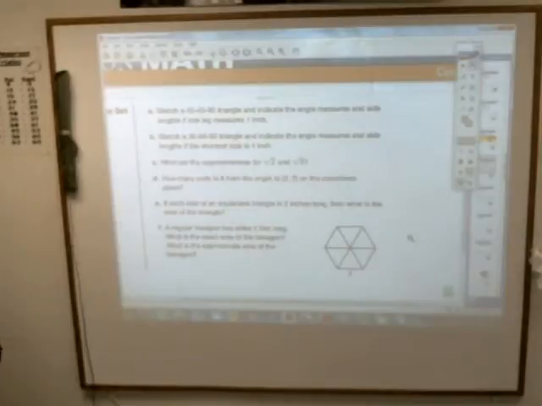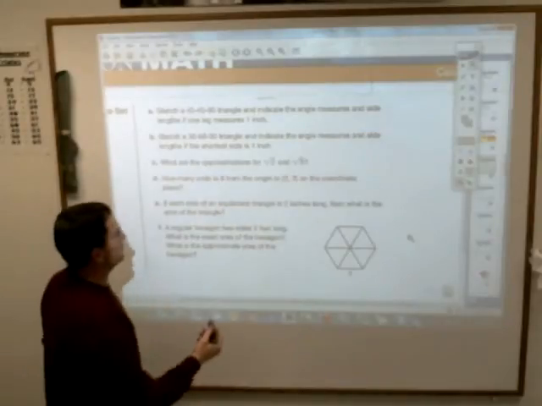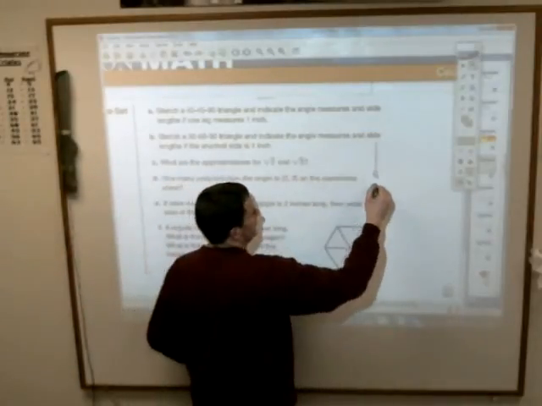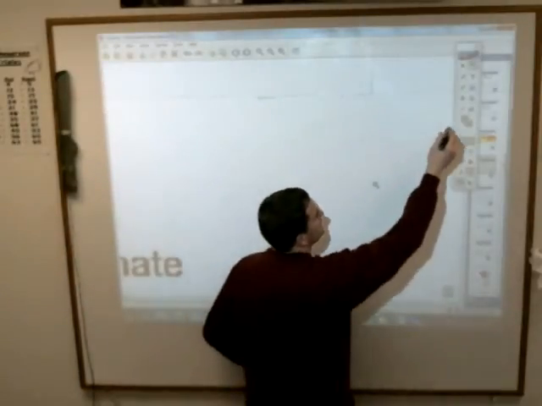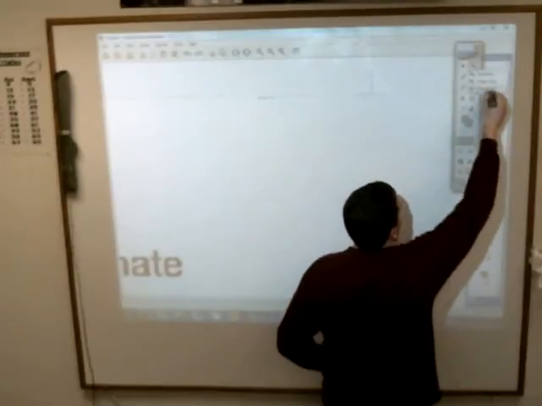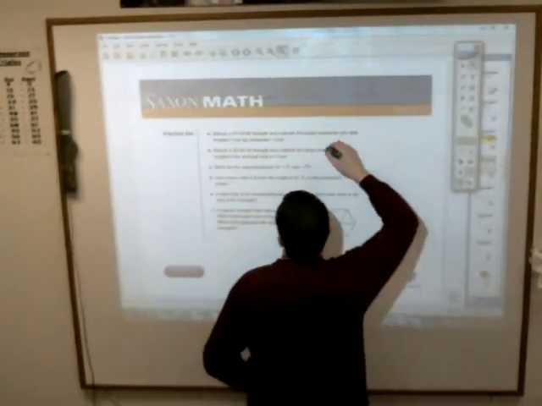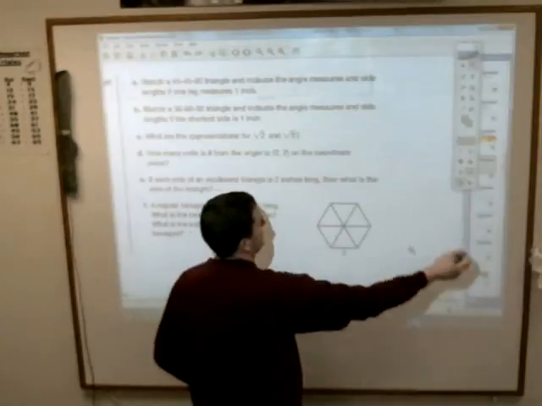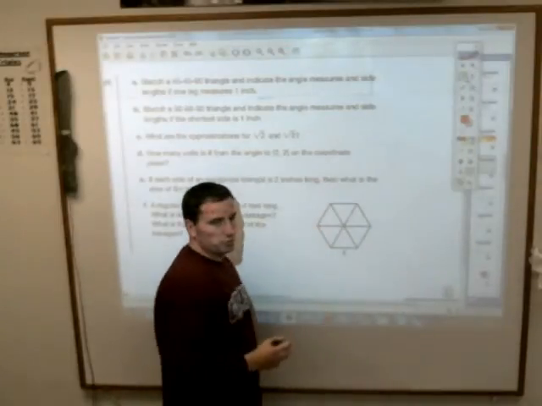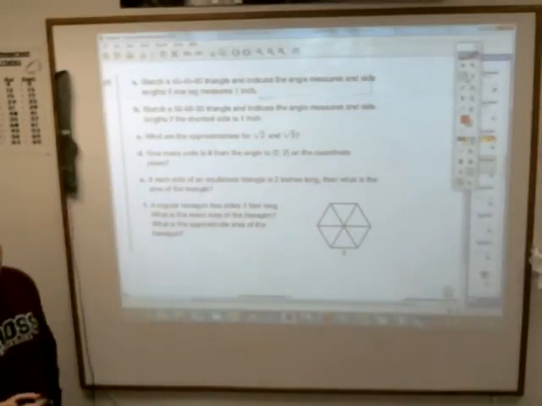Let's look at problem letter B. A 30, 60, 90 triangle. Sketch it and indicate the measures on the sides. They're just giving you the reference one. If the shortest side was 1 inch, you should be able to tell the other sides, because that is your reference triangle.